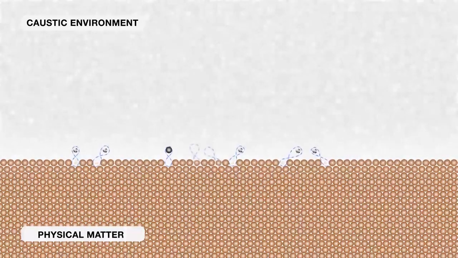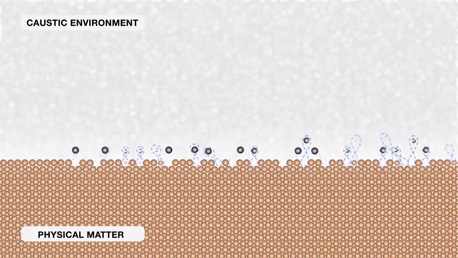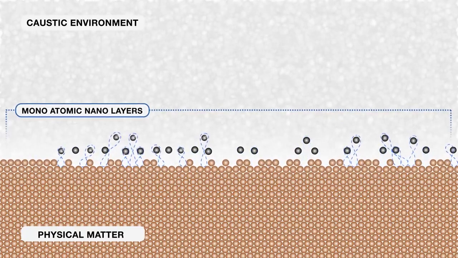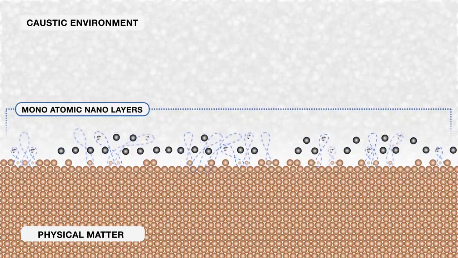So that caustic environment loosens the bonds between your different atoms so that they slightly reposition themselves. They're still attached to the matter, but they've changed their magnetical gravitational and have moved position from direct contact.